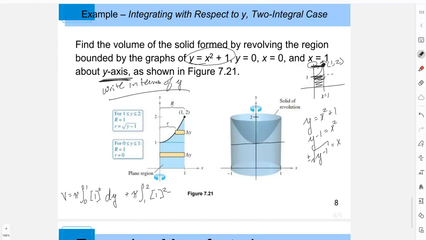Because we're bounded in the first quadrant by x equals 0 and y equals 0, it's got to be the plus. So it's going to be minus the square root of y minus 1, quantity squared, dy. And now we've got something fairly easy we would be able to integrate and solve.